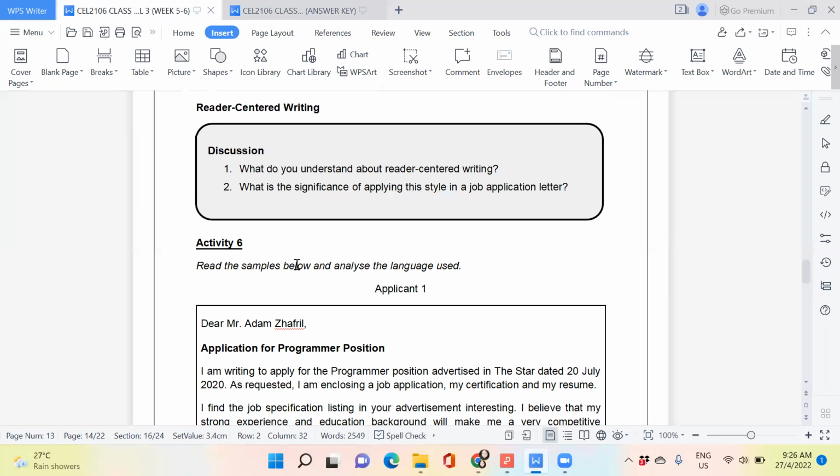Okay. All right. Next. And then give value. Give an added value to your letter. Okay. What does it mean to give an added value? What you have to understand is that when you are applying for a job, what the hiring committee or what your readers want is the value that you have to offer.